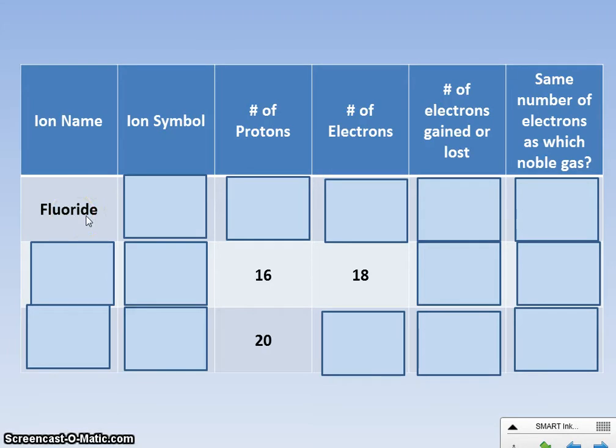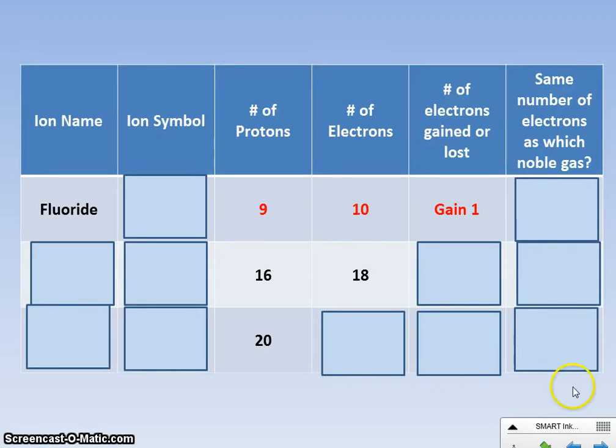And for fluorine, you notice that it has 9 protons. Okay. Now, fluorine had 9 protons. And we noticed that before, when we did this example, remember, fluorine wanted to gain an electron. So it will want to gain 1, right, to get that full outer shell. And if it gains 1 electron, how many electrons is it going to have?